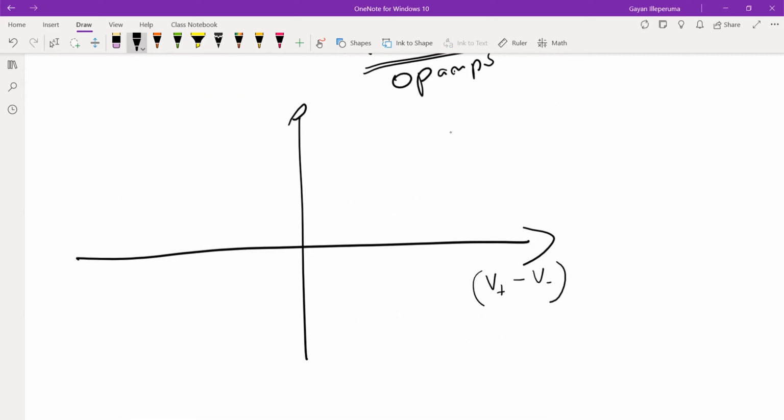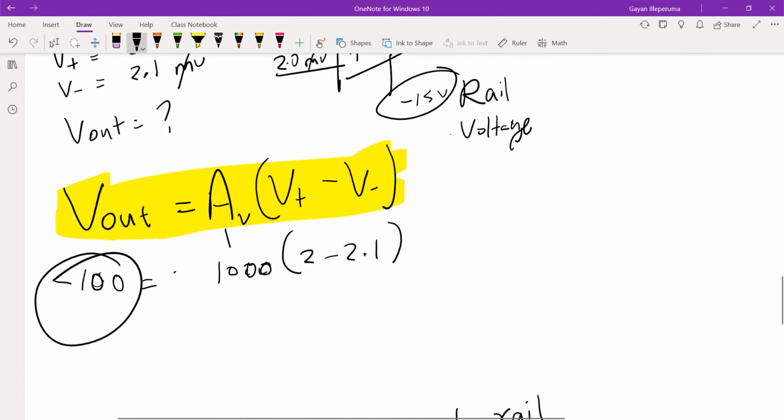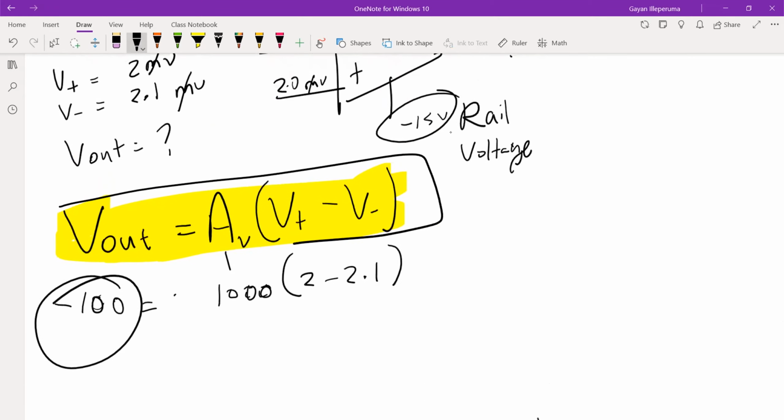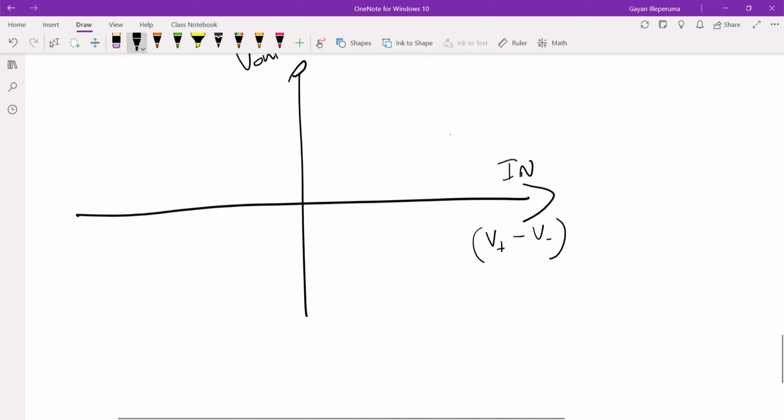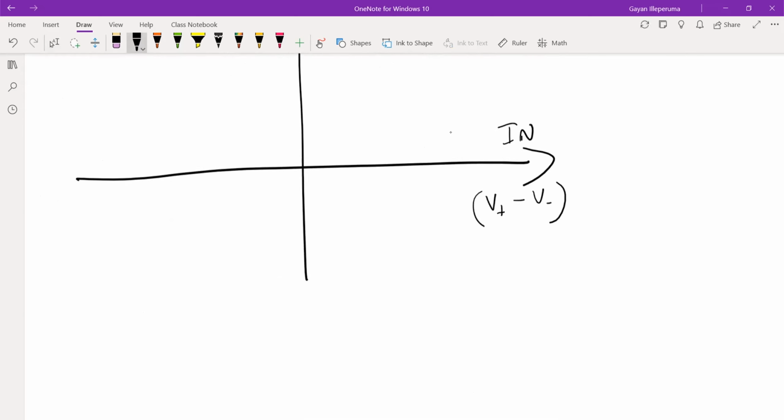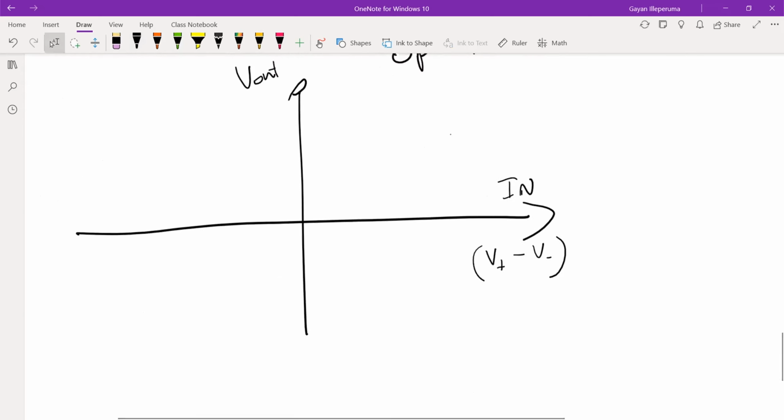This will be the input, and this will be the V output. From our previous example, we know this is a linear relationship, a y equals mx type of relationship. So you get a straight line, something like this.